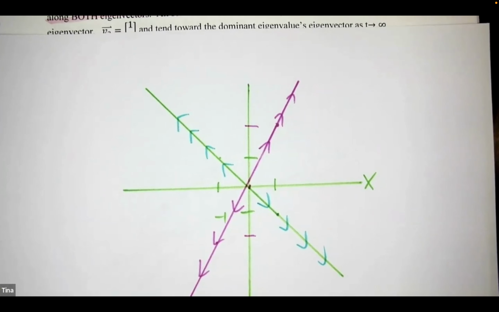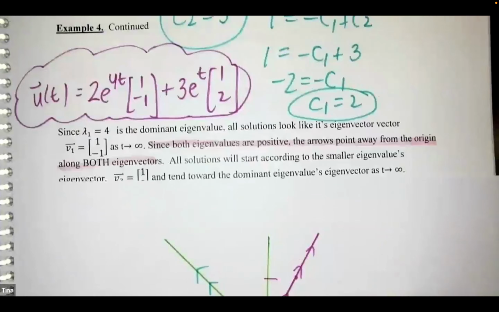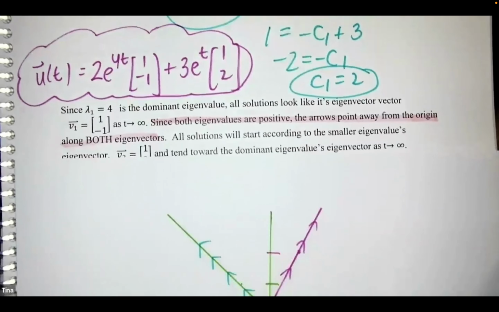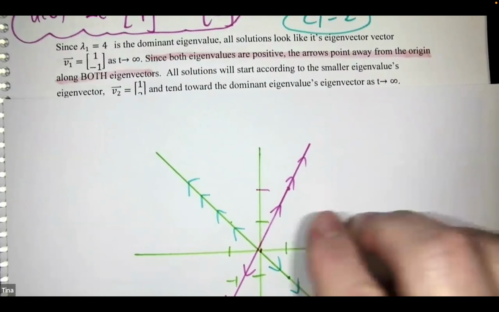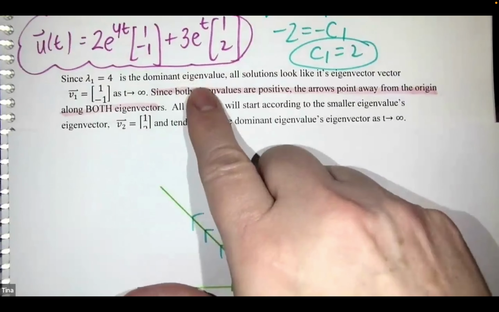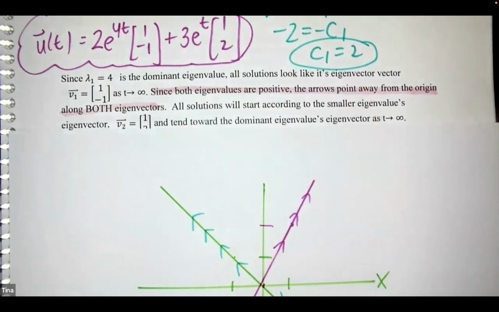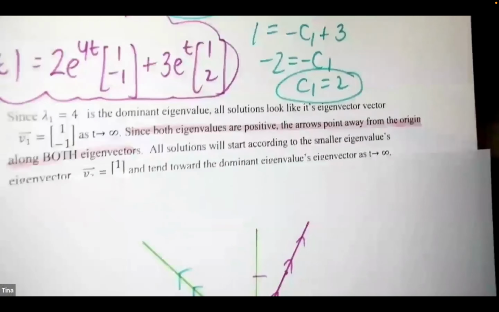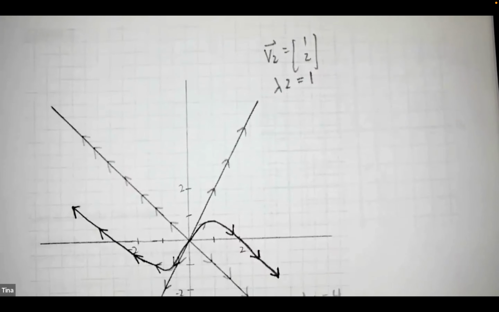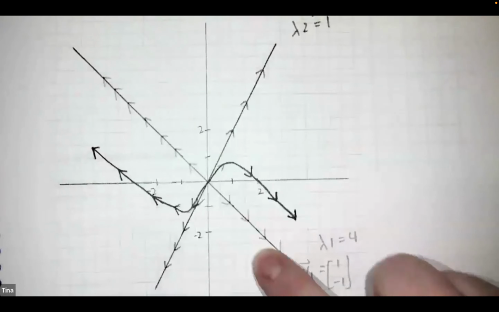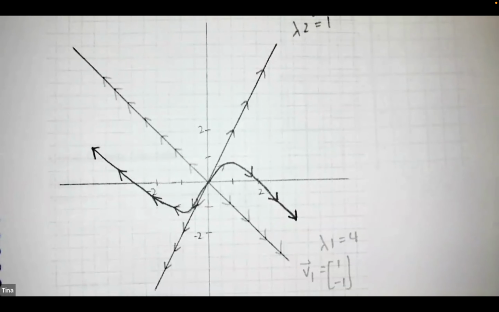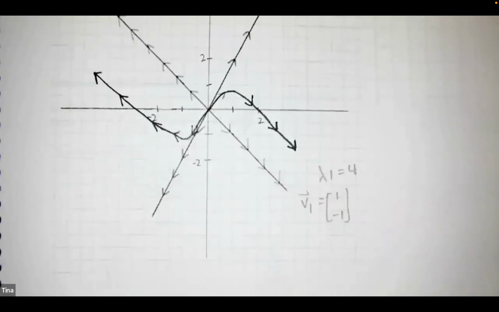And then the dominant eigenvalue is the larger in absolute value, which is 4. So since lambda 1 is 4, the dominant eigenvalue, the solutions are going to look like that eigenvector as t approaches infinity. It seems I put it into the solutions in the right order. I don't know how I did that. So it looks like this. So there's your eigenvectors, and it's going to look like the one that's dominant eventually.